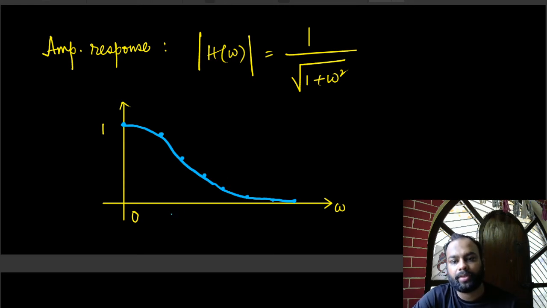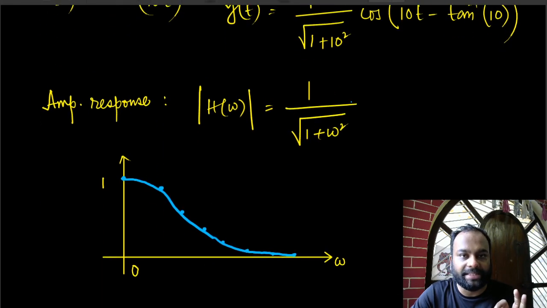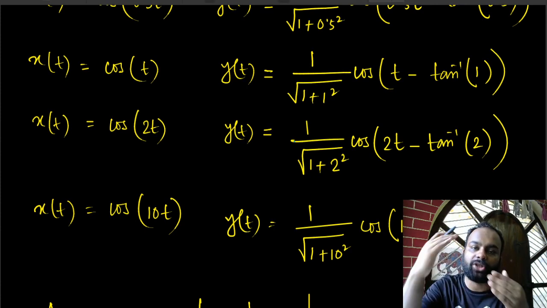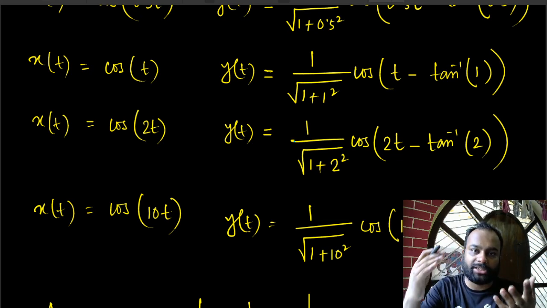what do you see? You see that this simple RC circuit lets lower frequencies pass without much attenuation, right? Just like amplification, the term attenuation simply means that the amplitude of the signal has decreased. If the amplitude of a signal gets increased, it's called amplification. When the amplitude of a signal decreases, it's called attenuation.